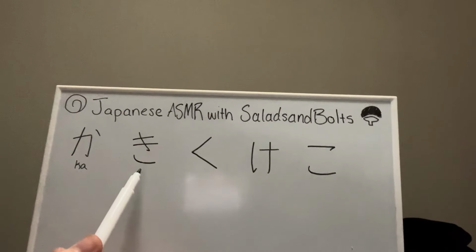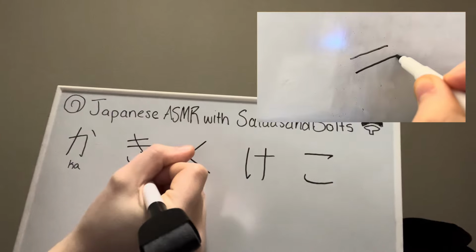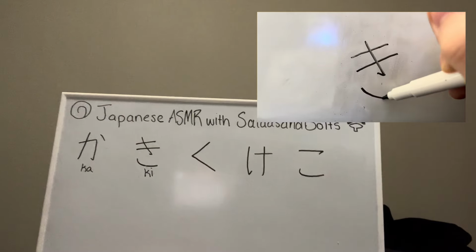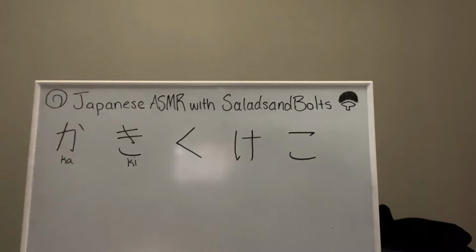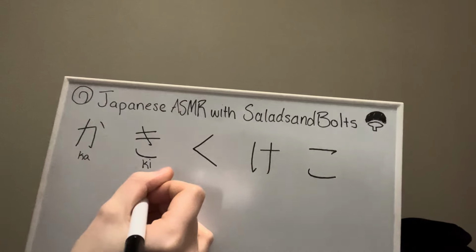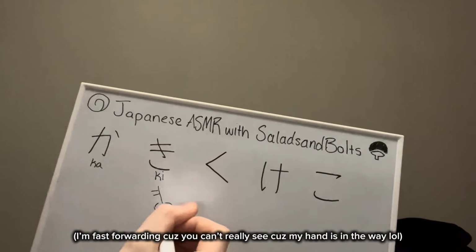But next we have ki. So some people say you can imagine it looks like a fox with whiskers, but I like to think that it looks like a key, as in an actual key. So you do this, and you connect all the parts.